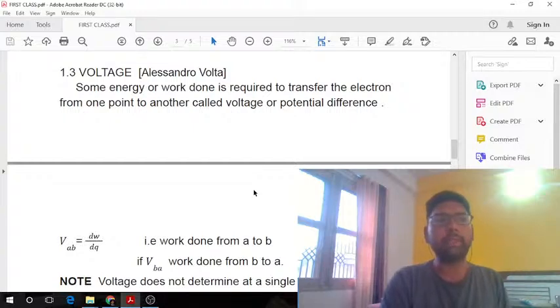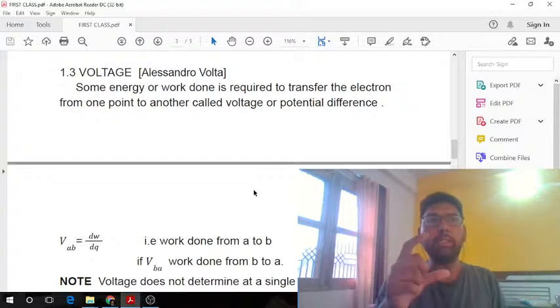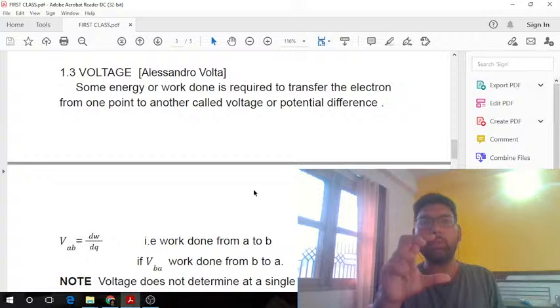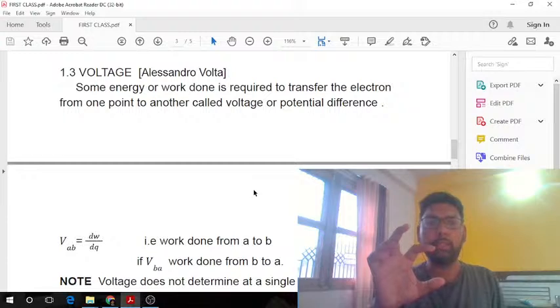Why is it a potential difference? Because the voltage is calculated between two points, not at a single point. Voltage must be calculated between two points.